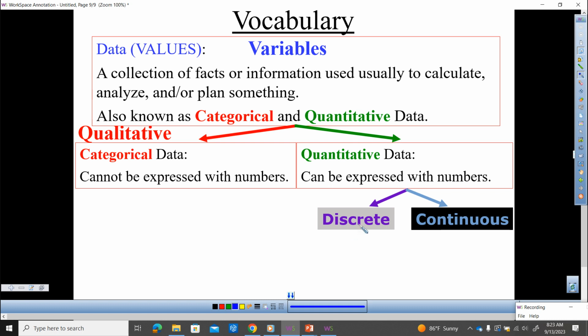So what's the difference between quantitative discrete variables? Well, discrete can be counted, and in parentheses write exact or exact amounts.